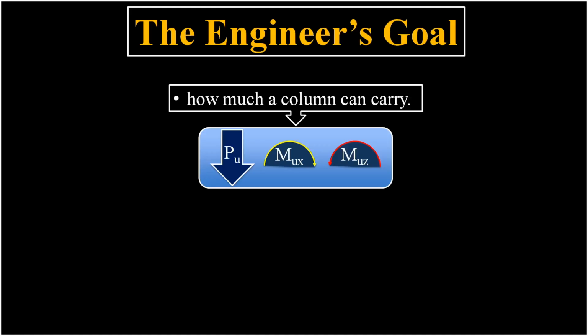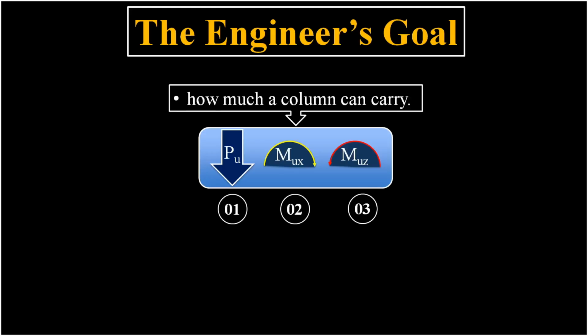This capacity is represented by the ultimate axial load, PU, ultimate moment around x-axis, MUX, and ultimate moment around z-axis, MUZ. In a real-world scenario, a column is not just subjected to a straight downward push, PU. It must also resist bending moments acting along both the x-axis, MUX, and the z-axis, MUZ.